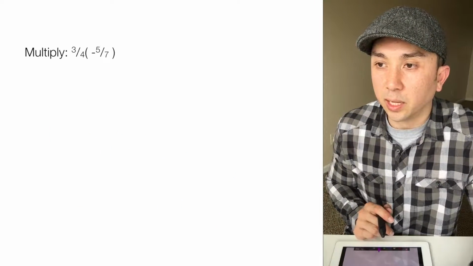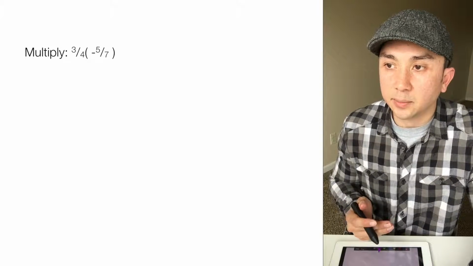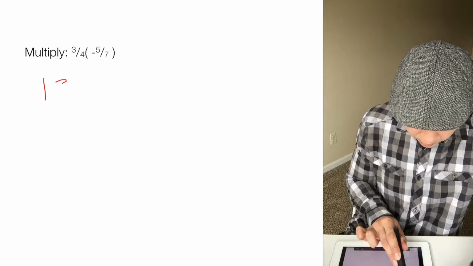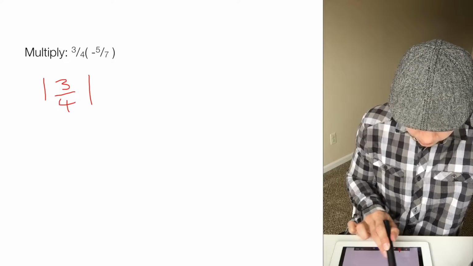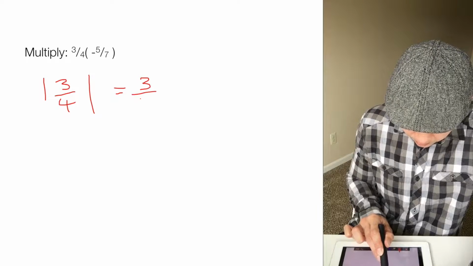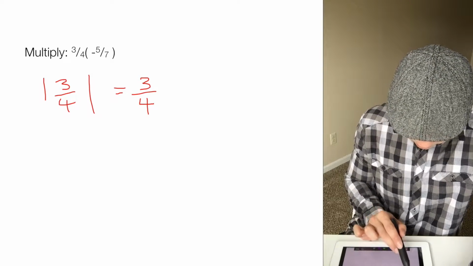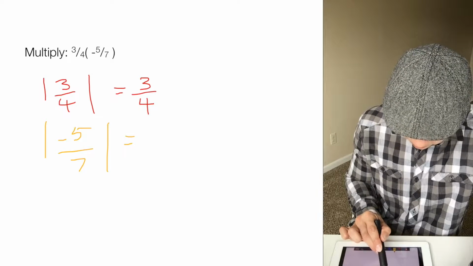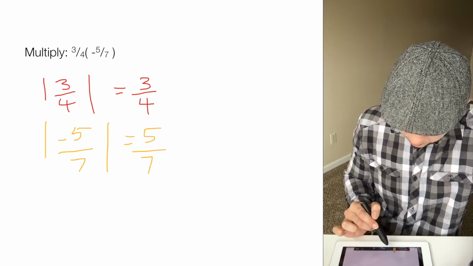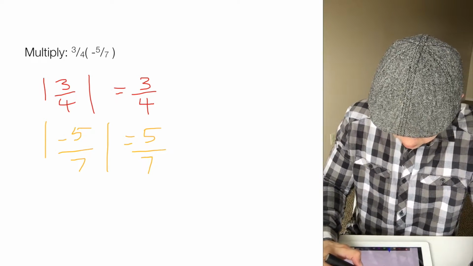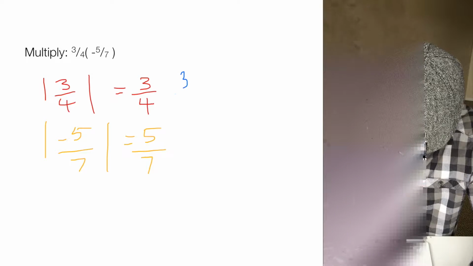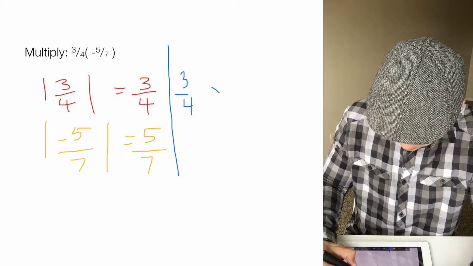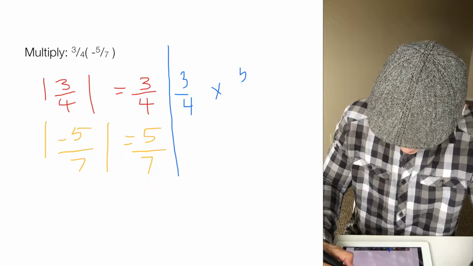So now let's multiply 3/4 times -5/7. Again, we're going to take the absolute value of 3/4, which is 3/4, and the absolute value of -5/7, which is 5/7. Now we're going to multiply these two: 3/4 times 5/7.